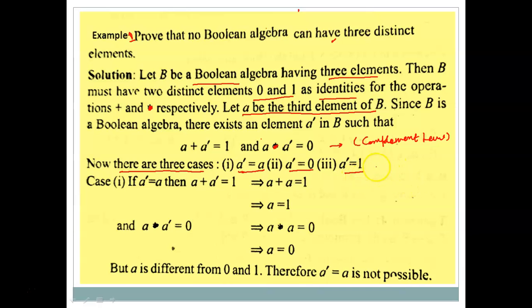Why do these three situations arise? Because we are saying that the Boolean algebra we have considered has three elements. Out of those three elements, one is 0 and one is unity, and the third element is A. And you know the complement of 0 is 1 and the complement of 1 is 0.